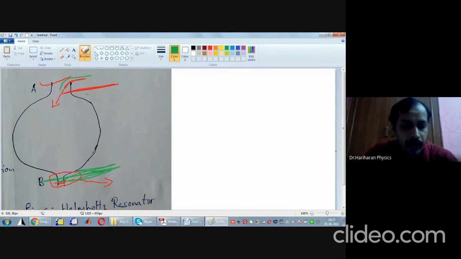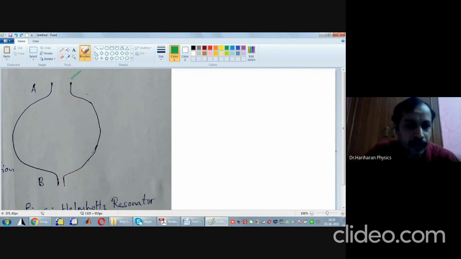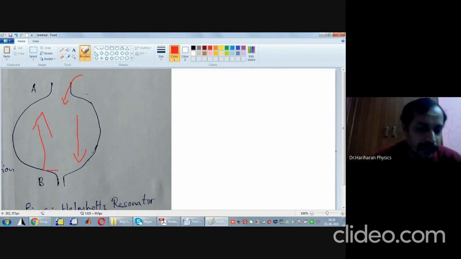Now how does this work? Look here, same thing. So when we blow air, if I use red color, so if you blow air inside, what will happen? The air inside this will be set into compression. So the air will travel in the downward direction. So when this end is near this end, what happens? Part of the air will be reflected back. So therefore, that will lead to what?